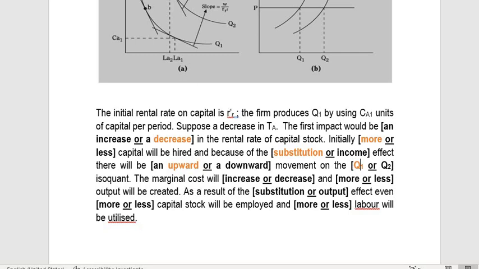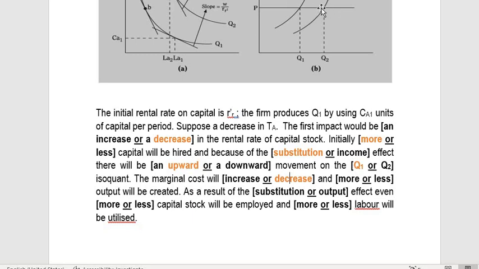We're still on Q1. Because we are using more of this cheaper capital stock in our production process, the marginal cost of producing will decrease, right? And hence you have this downward shift here. Remember, marginal costs shift in a similar way to the supply curve, where this way indicates a decrease.